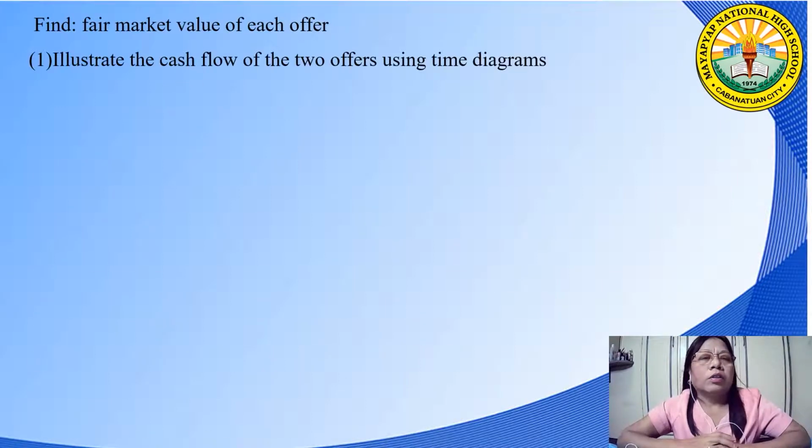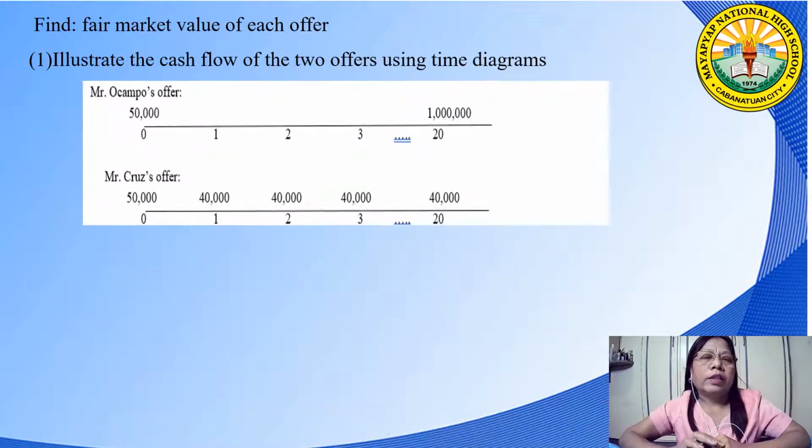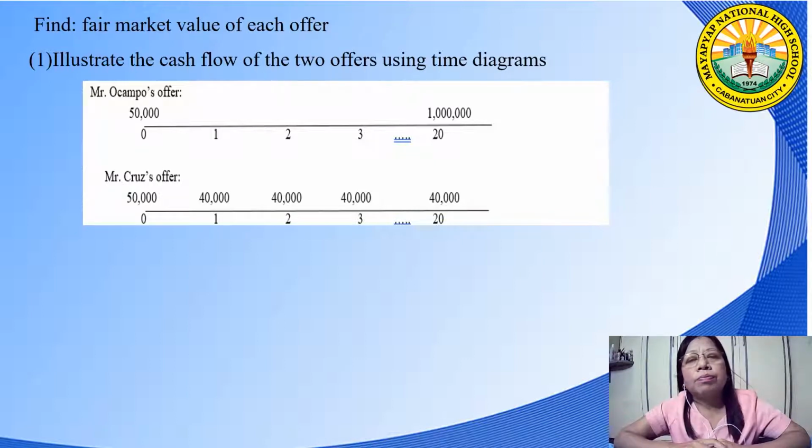So the first step is to illustrate the cash flow of the two offers using the time diagram. So look at the time diagram for Mr. Ocampo's offer. At the start, down payment is 50,000 and then a lump sum of 1 million after 5 years.